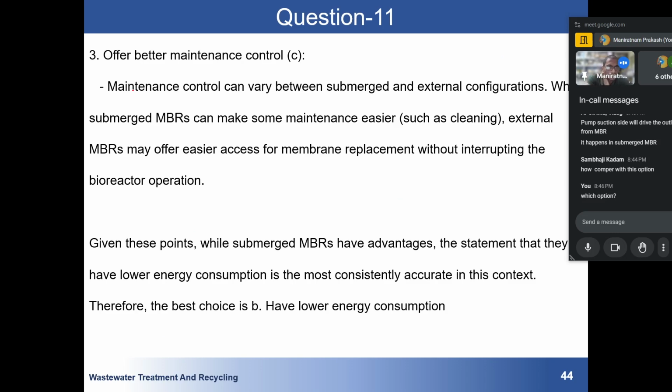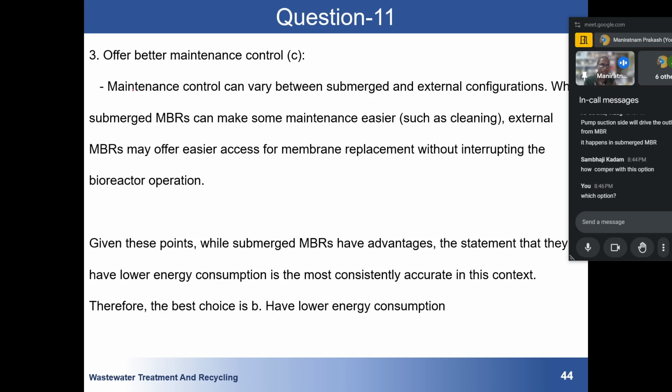I think I was not able to answer the question, but I'm suggesting that you can refer to any standard book or search on the internet how these configurations, submerged MBR and external MBR, work.